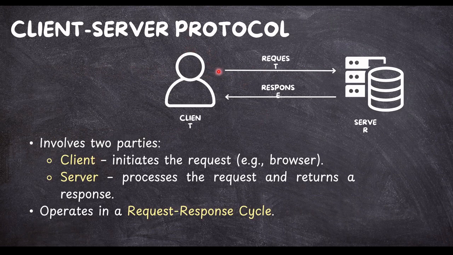The client makes a particular request. The request is sent to the server. Between the request made by the client and received by the server, there is a TCP IP connection.